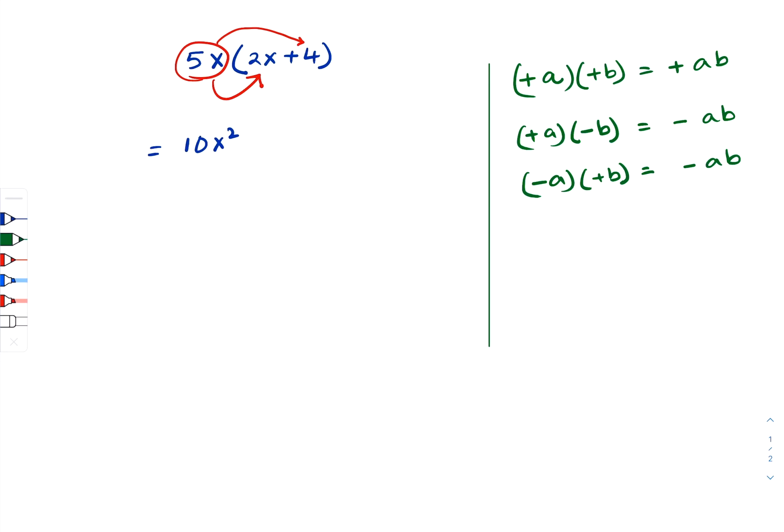It doesn't matter what the sequence of the signs is, as long as you have a positive and a negative sign, the net is always a negative.